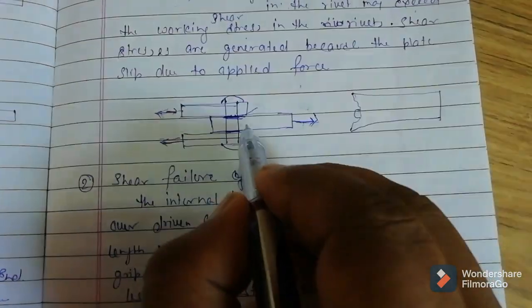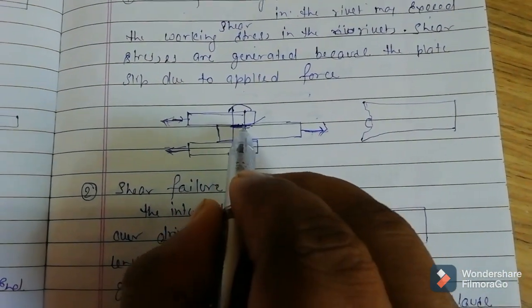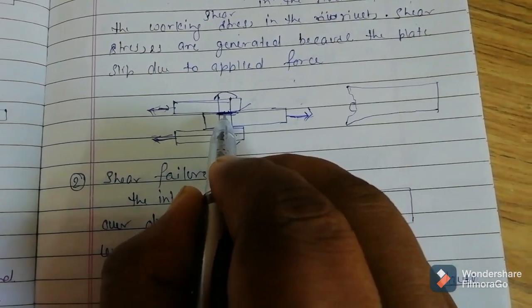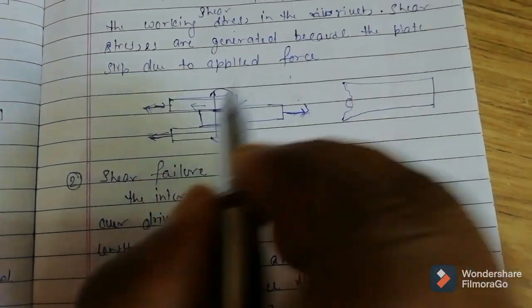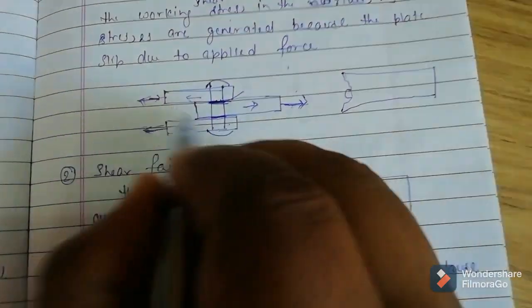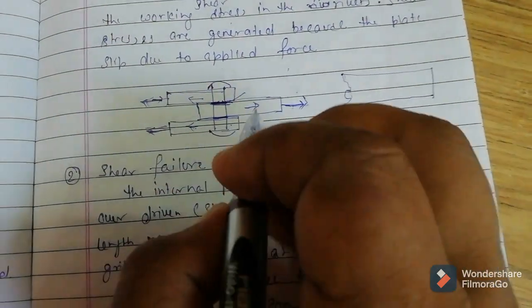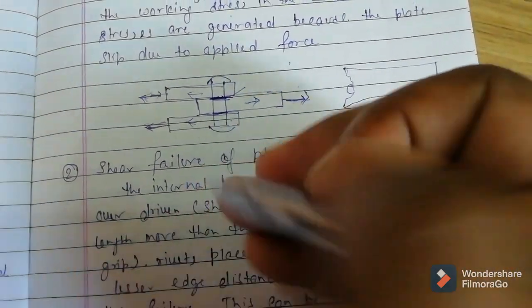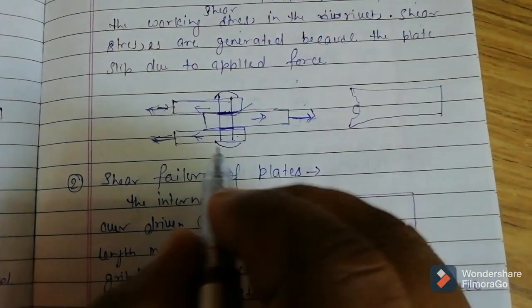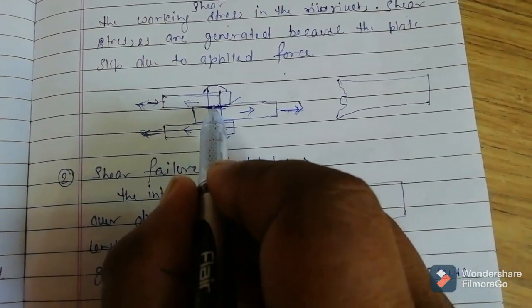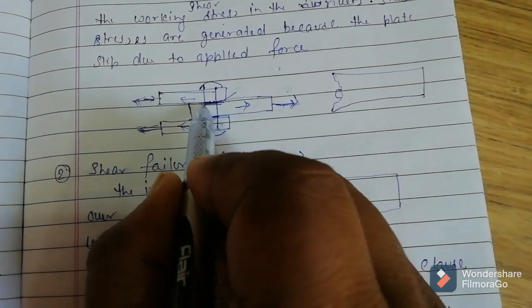This creates shear stress where the two plates meet. This plate tries to move in this direction and this plate tries to move in the other direction, so the plates try to slip over each other. So the shear occurs at the joint.